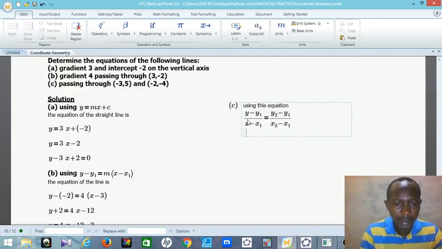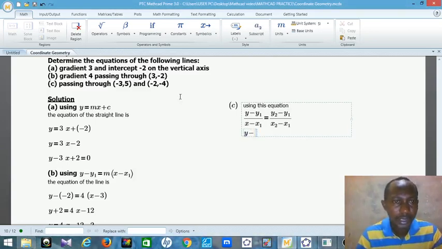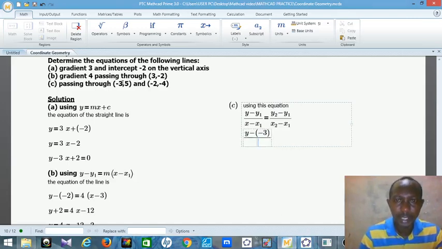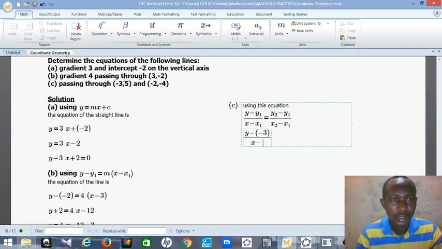So y minus y1, so the first point here is minus 3. So you put it in bracket, y minus minus 3, then divided by x minus x1. Okay, the numerator is y, sorry. So this y1 is 5, not 3.